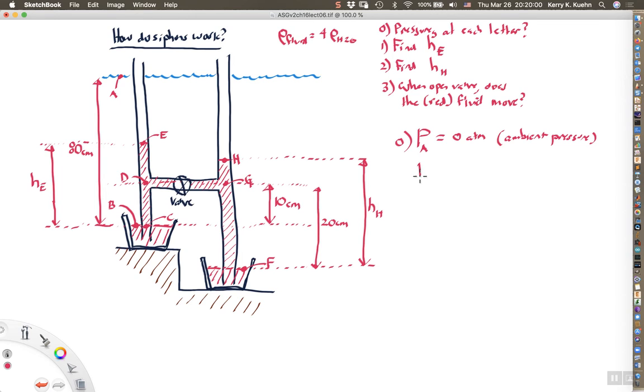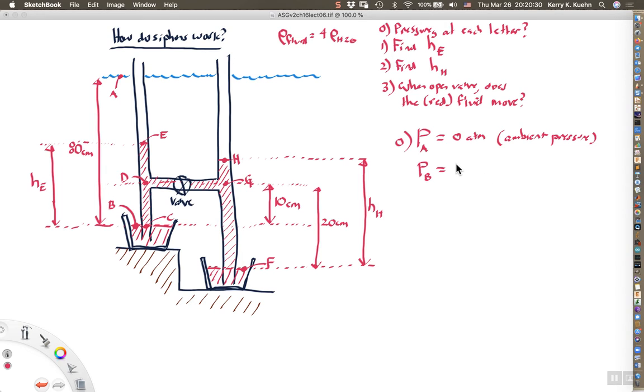What about the pressure at point B? What is the pressure down here? Well, if the pressure was 0 up here, then the pressure down here is the pressure caused by 80 centimeters of water weighing on it. We could calculate the pressure using pressure equals density times g times h to find the hydrostatic pressure. For this problem, it's easier to think about pressure in terms of a height of a column of water.